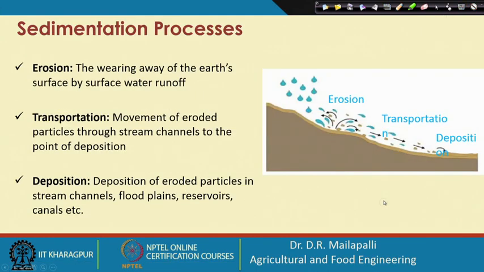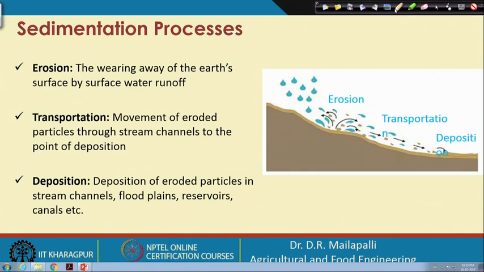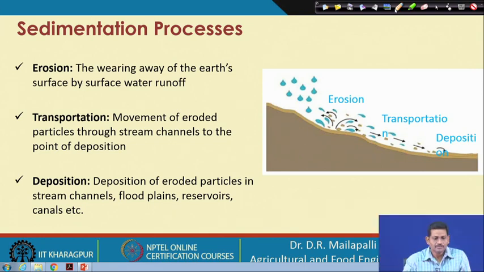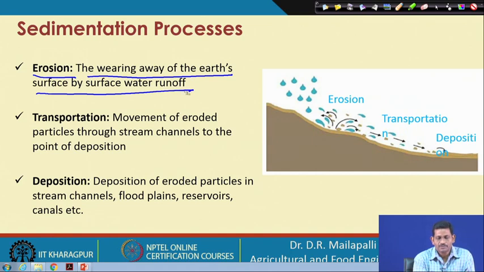Next is the sedimentation process. The first step is erosion, then transportation, and the third process is deposition. Erosion is the wearing away of the earth's surface by surface water runoff.